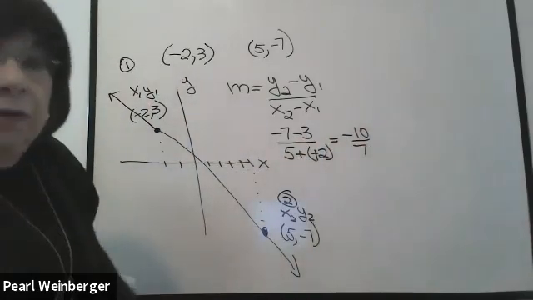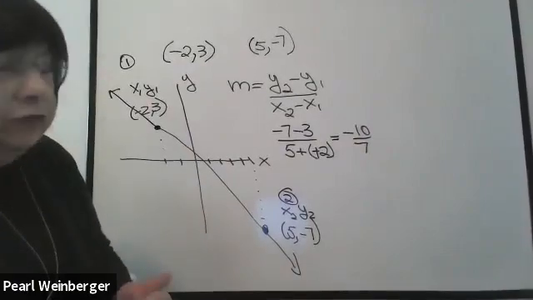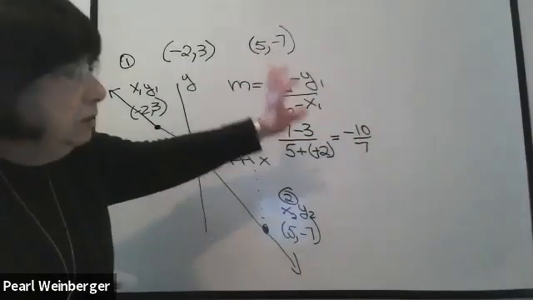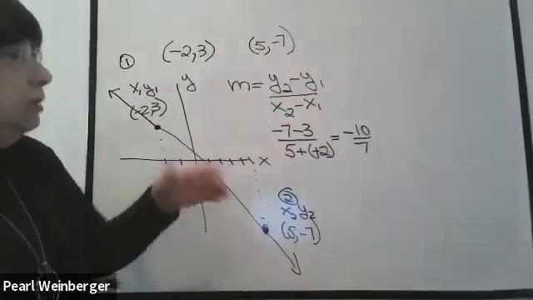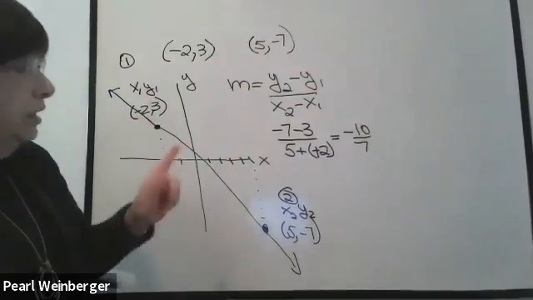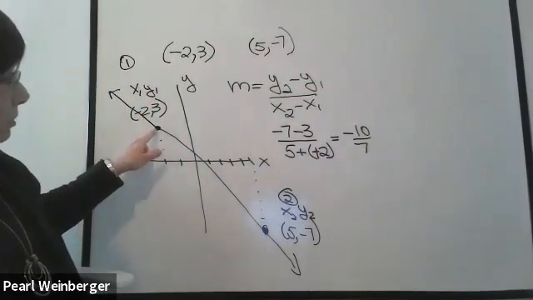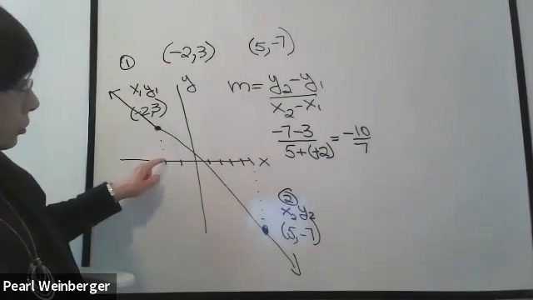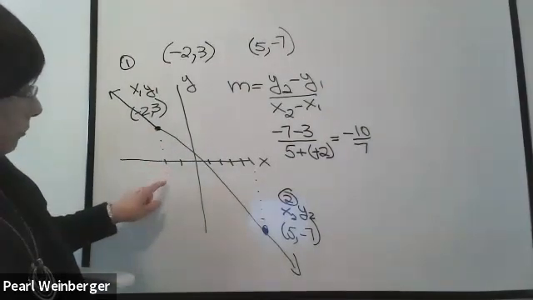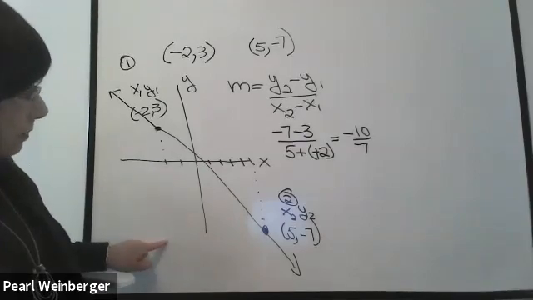The slope of this line is -10/7. And don't convert it to a decimal. Leave it as a fraction. It can't be reduced. If I could reduce it, I would reduce it. What is that telling me? It means if I start, let's say, at this point right over here, one of the points on the line, and I go down 10. 1, 2, 3, 4, 5, 6, 7, 8, 9, 10.